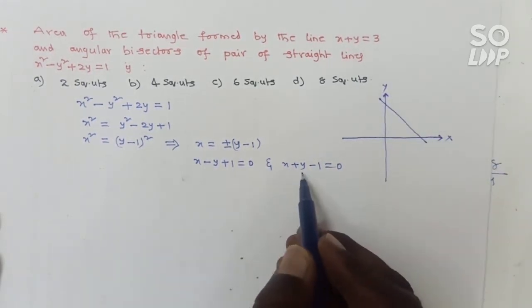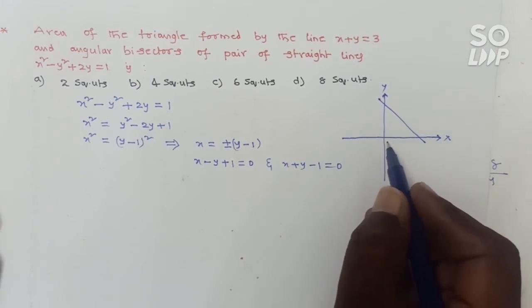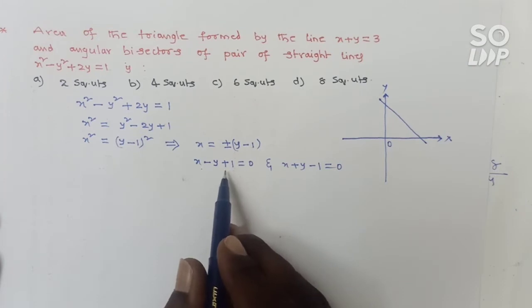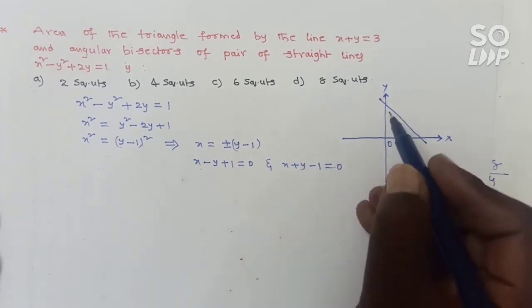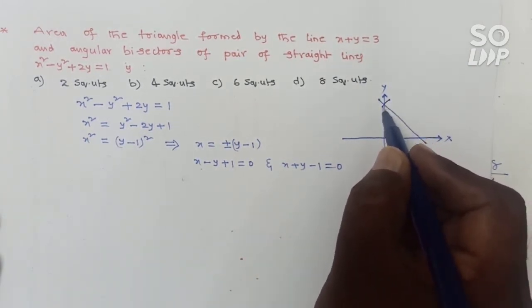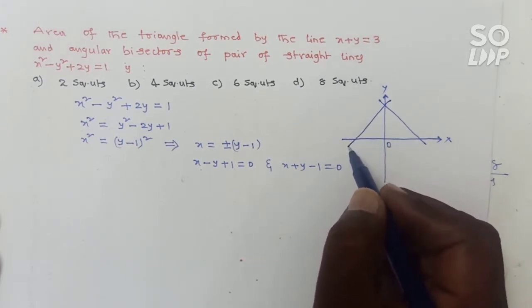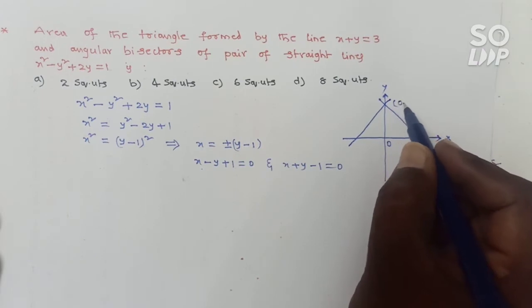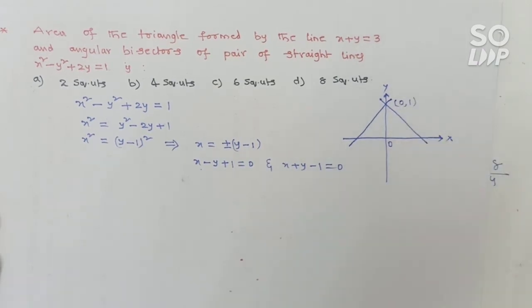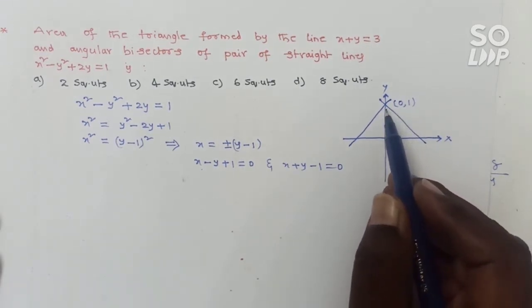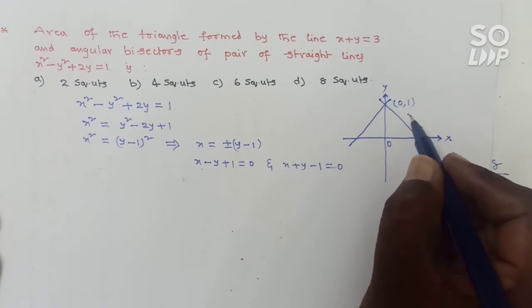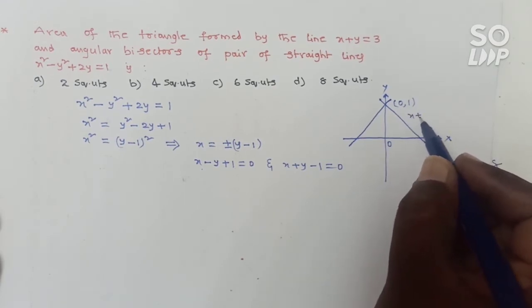This one lies in the first quadrant. The next one has x intercept negative 1 and y intercept positive 1. So the point of intersection will be (0, 1).